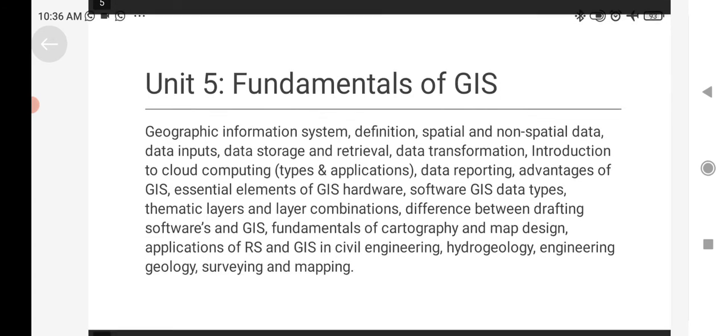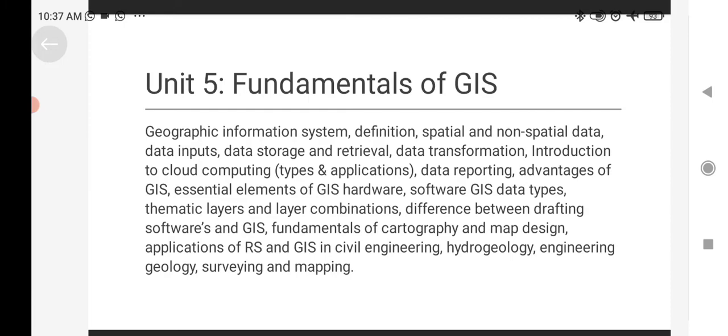The next unit is the fifth unit. It is the fundamentals of GIS. GIS is the geographical information system. Definition, spatial and non-spatial data, data input, data storage and retrieval. Next is data transformation, introduction of cloud computing, its types and applications, data reporting, advantages of GIS.